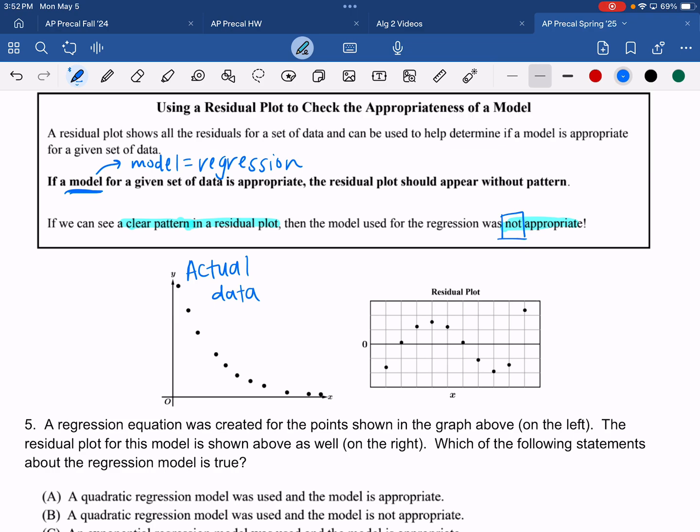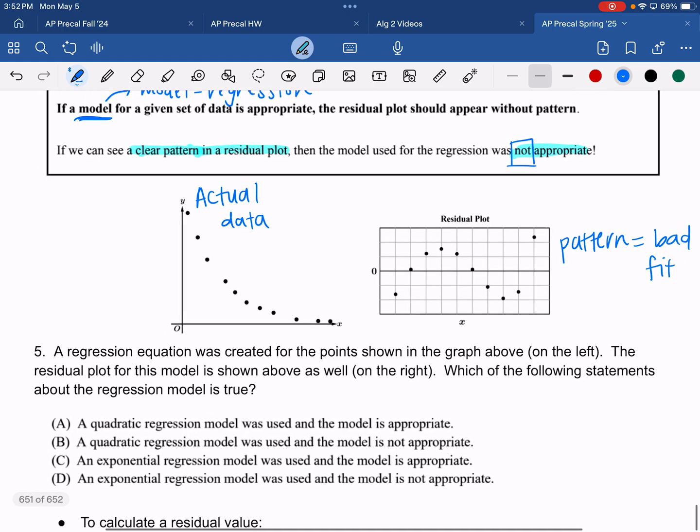Did their residual prove to be a good fit? No, the residual plot has a defined pattern. It's looking cubic. So scanning my answer choices, I can at least get it down to a 50-50 shot. A pattern means the model was not appropriate, so A and C are out.